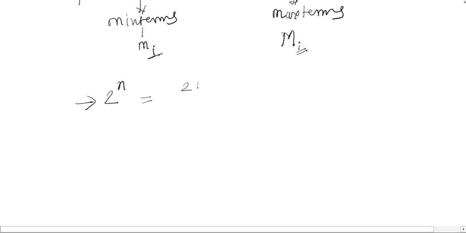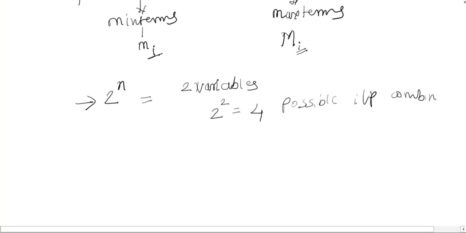If I say that two variables are there in my Boolean expression, then 2 raised to 2 is equal to 4 possible input combinations.